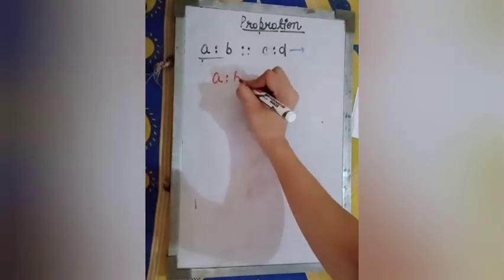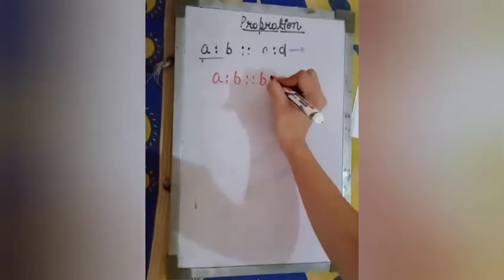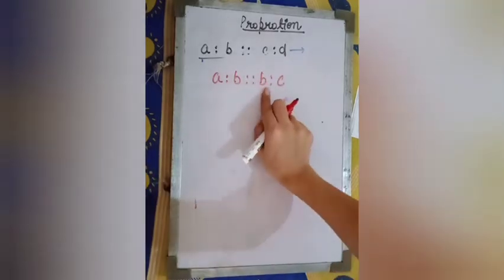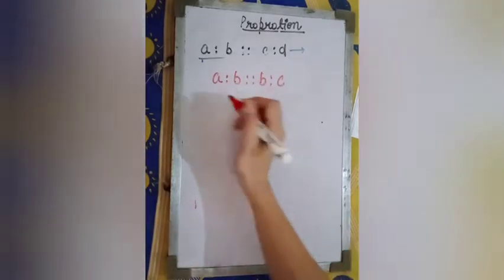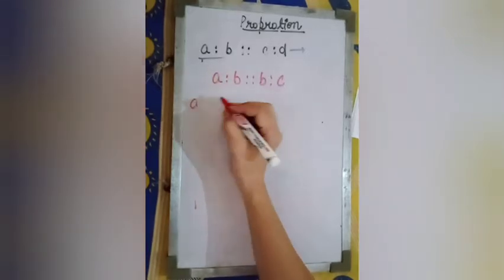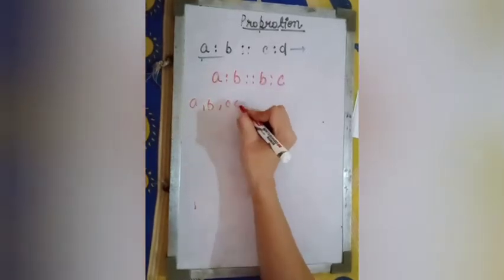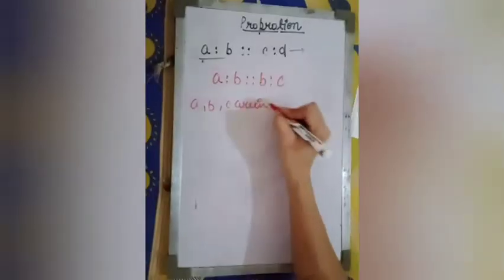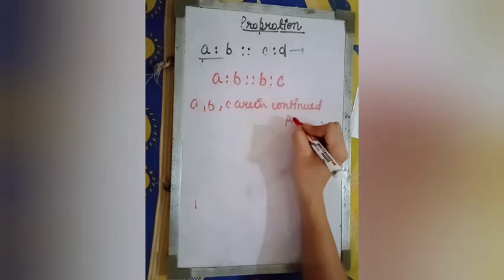Sometimes in a proportion we have four different terms, but sometimes we have only three different terms. B is common. So here we can say A, B and C are in continued proportion.